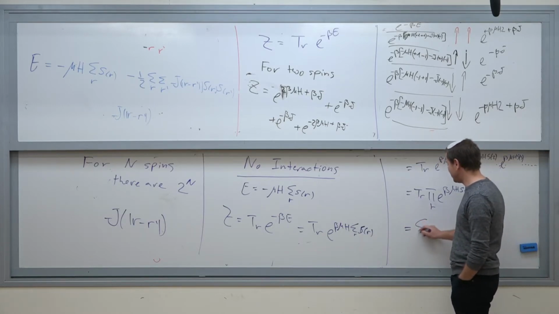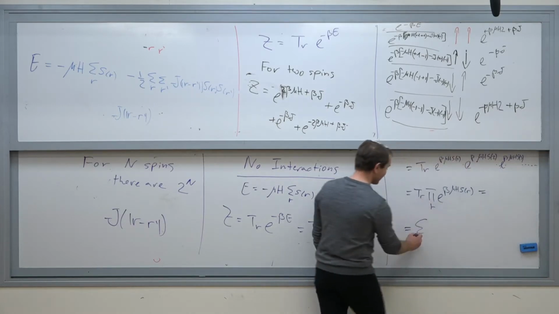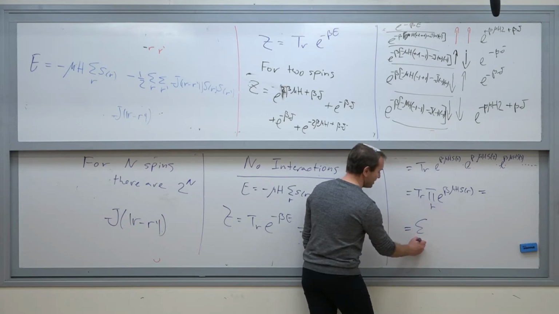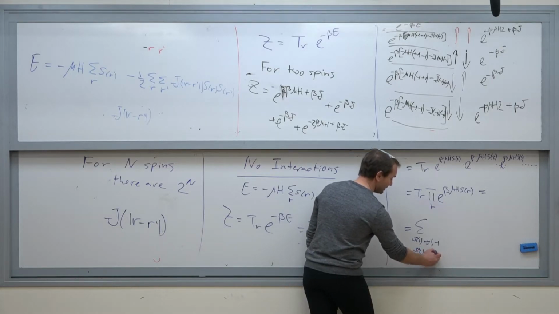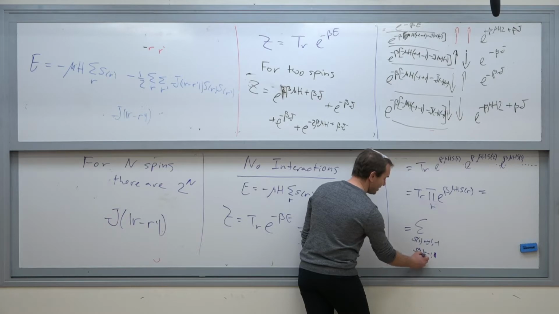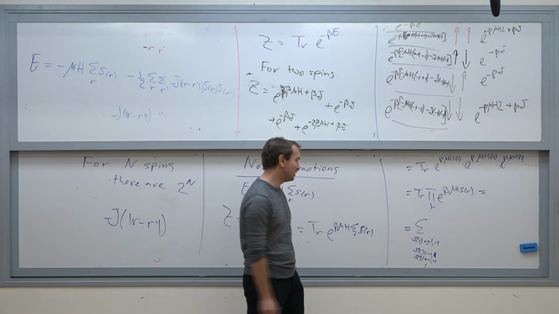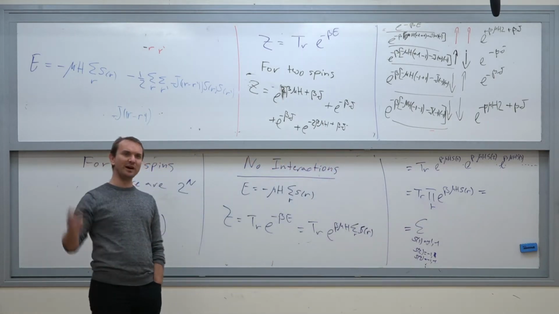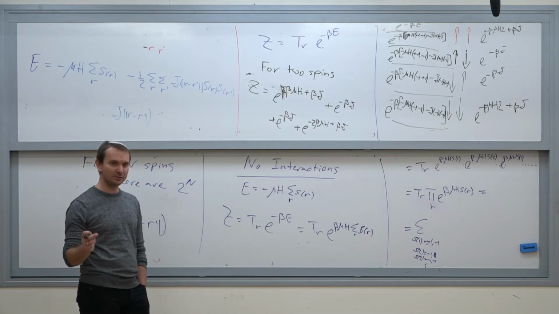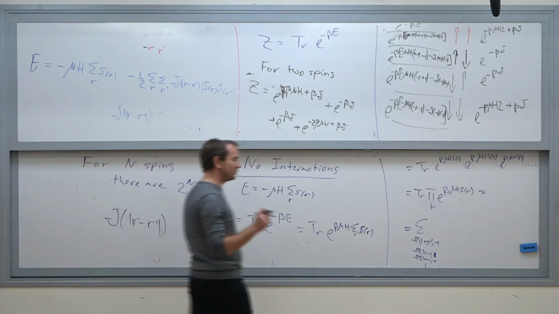A trace is a sum over S1 equals minus 1 and 1, S2 equals minus 1 and 1, S3 equals minus 1 and 1, etc. So the trace is just a simple summation over all possible values of each of the spins.